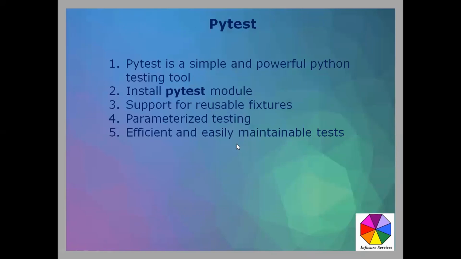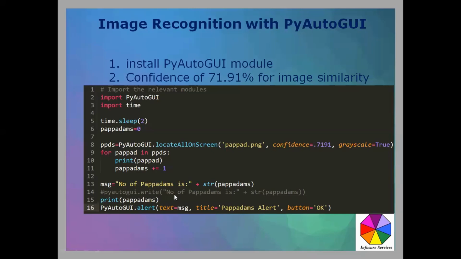Then, in terms of image recognition, you might ask, hey, now a lot of artificial intelligence is going on. Can we not use AI for it? Yes, you can do. And there are some models to recognize images.